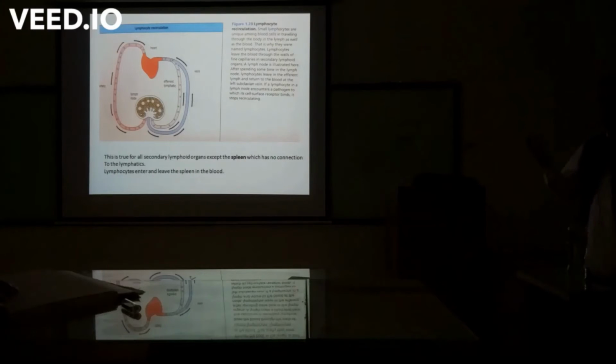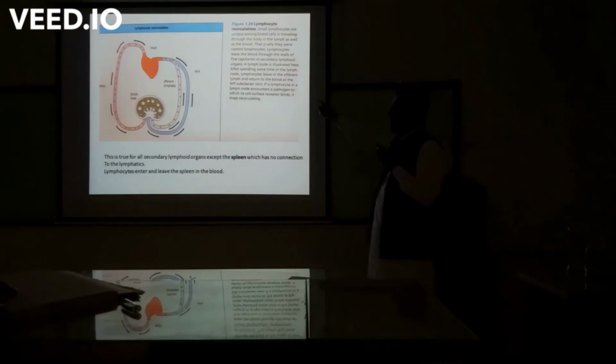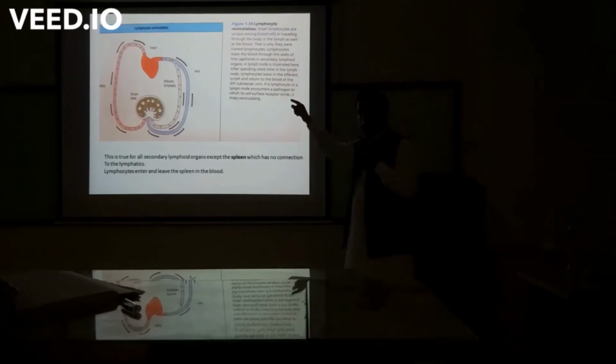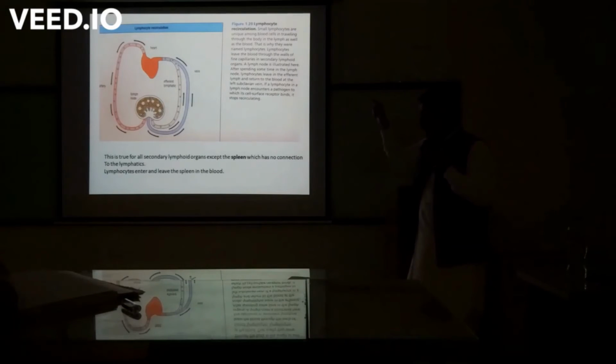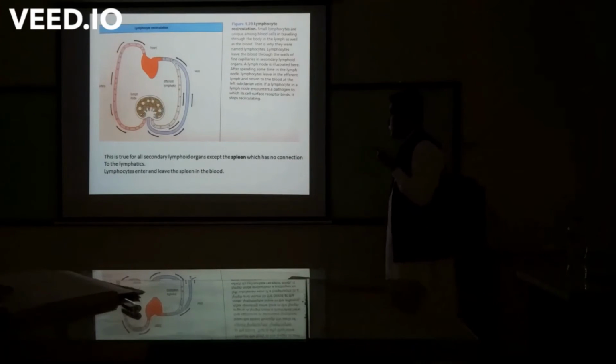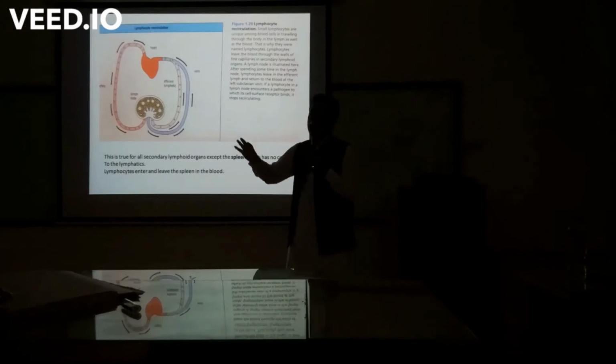So all these different phenotypes of the T cells are going to be decided right here in this lymph node. And the fate of the B cell is also going to be decided right here in this particular lymph node. Okay? This is true for all secondary lymphoid tissues.